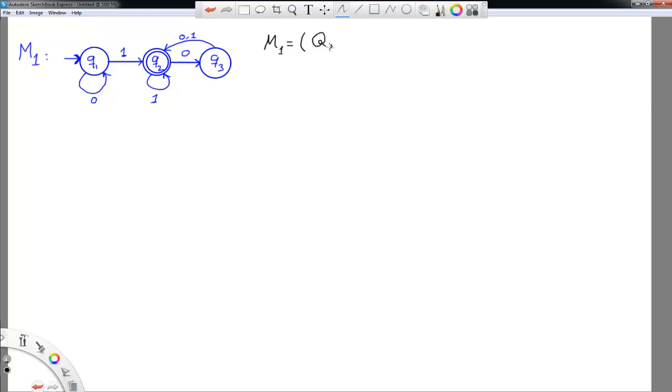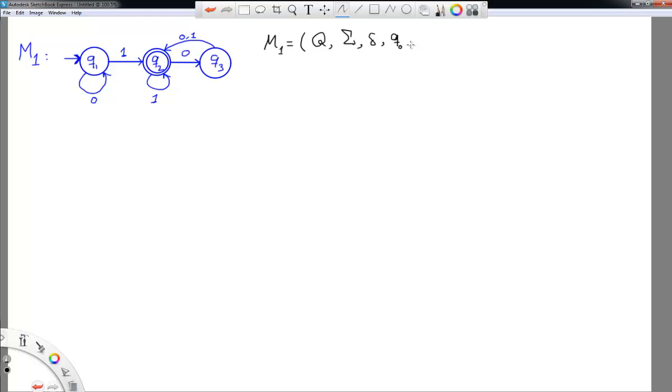Q, sigma, delta, Q sub 0, and I represent it with a small letter indicating that this is just one state.